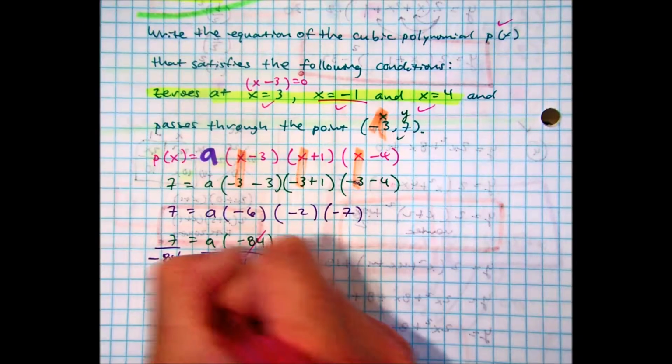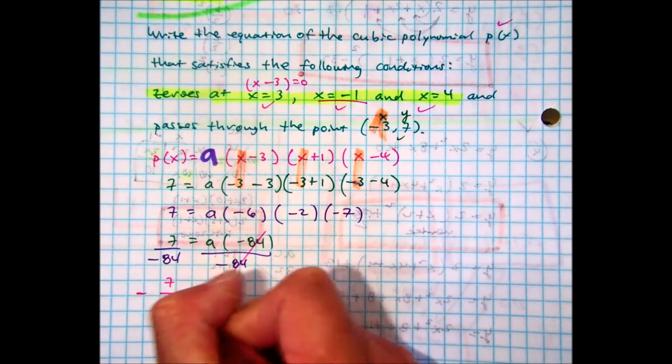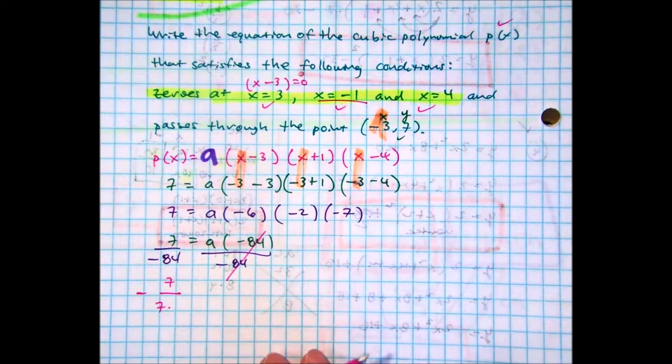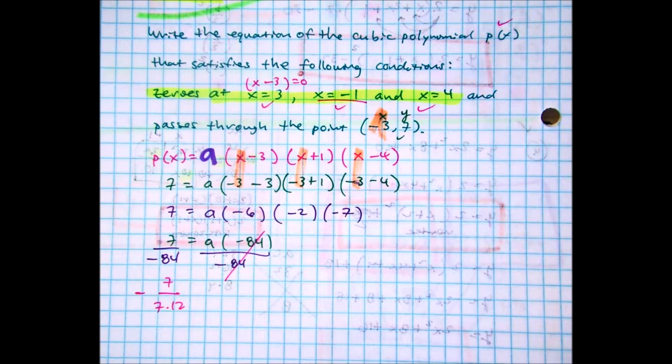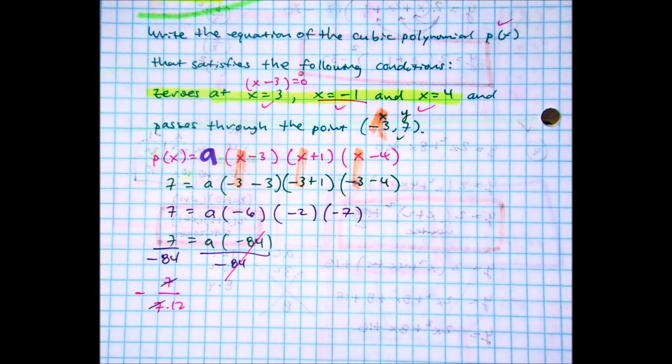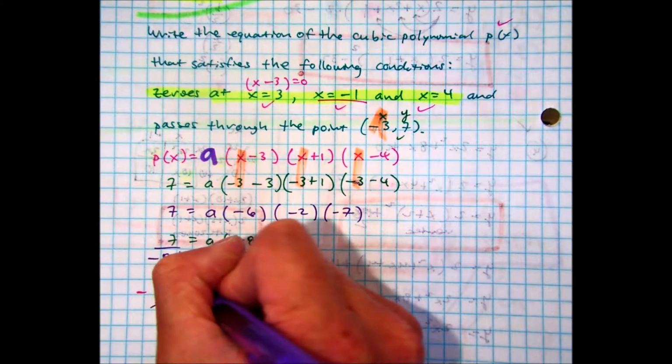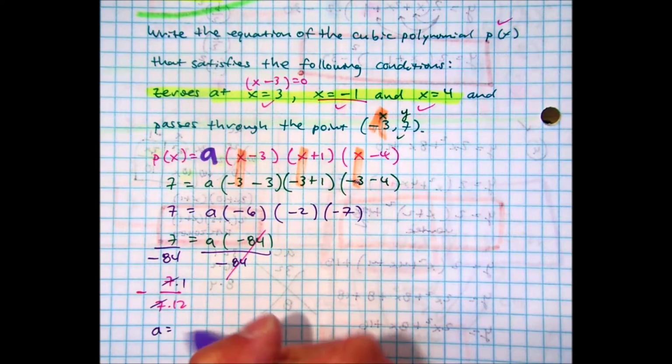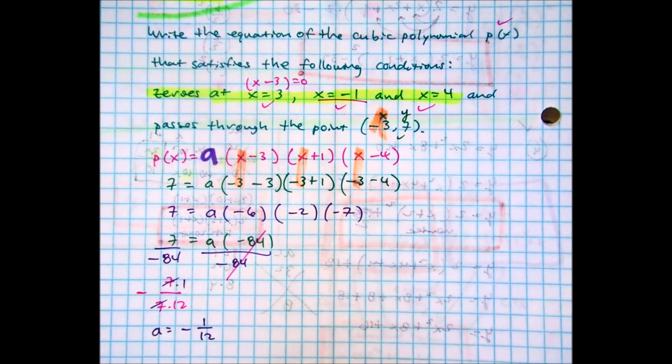And if I reduce that, that's 7. And 7 times what? 12? Oh, I shouldn't have multiplied it, huh? Class, is our answer -12? Remember, there's a 1 up here. So that means my a value is -1/12.